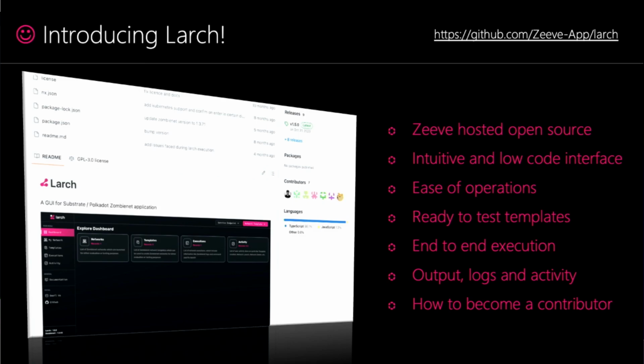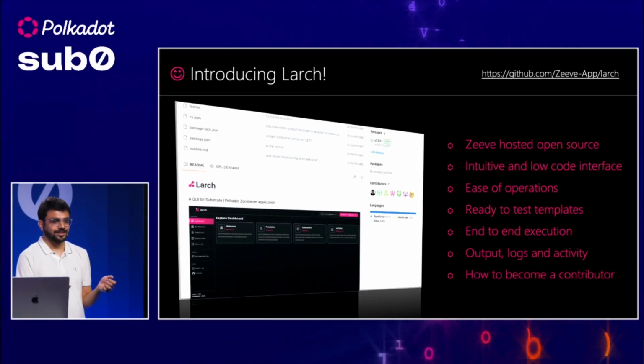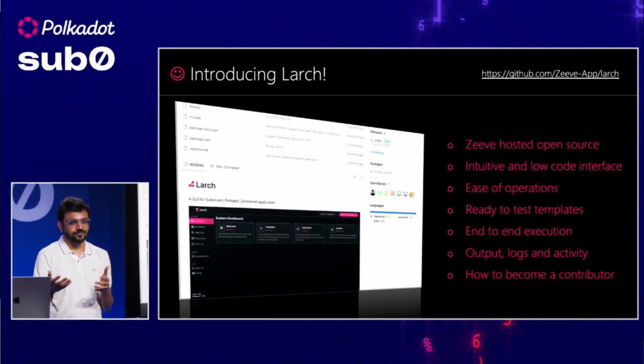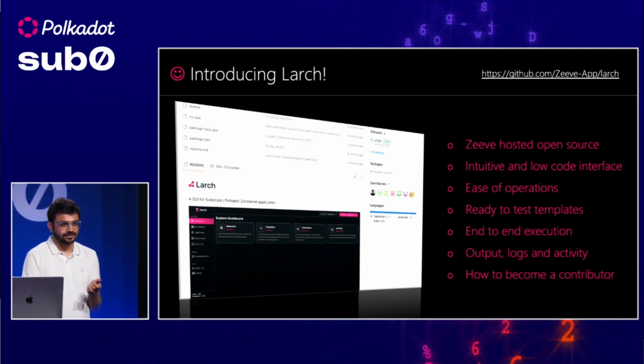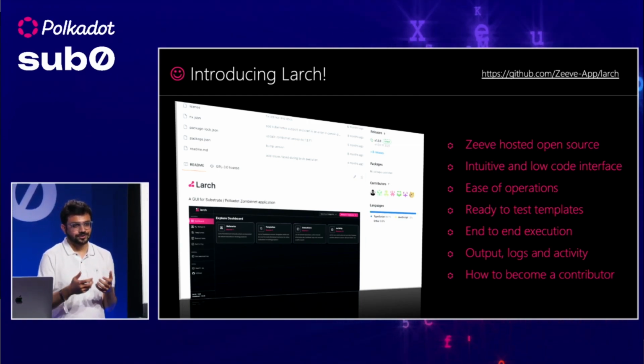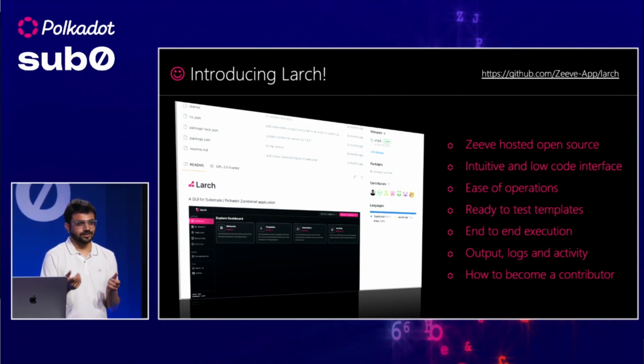You can have multiple templates of these configurations, clone them, initiate a new network of the Zombienet, and check the output of the commands and logs and what errors are coming for the selected configurations.